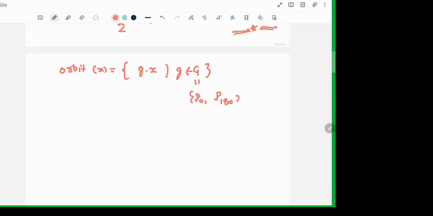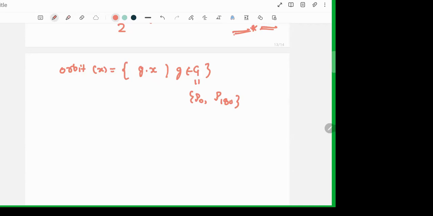So the orbit of x can be at most two cardinality, because rho 0 fixes that rook placement, and rho 180 is the 180 degree rotation of that rook placement, right? So for a rook placement, the cardinality of the orbit can be 1 or 2. 1 if the rotation also does not change the placement. Yes, yes, okay.